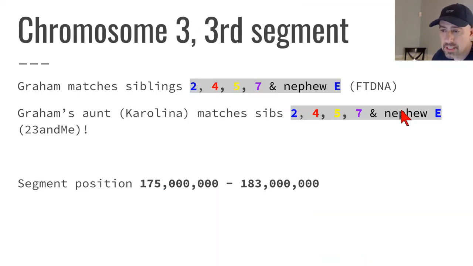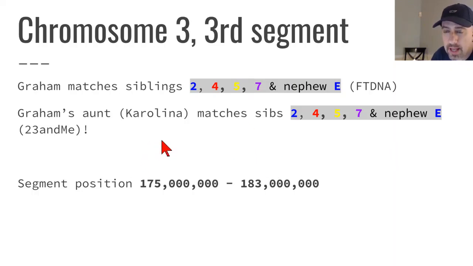So let's look at the DNA match results for these two people. Graham matches siblings 2, 4, 5, 7, and nephew E, according to Family Tree DNA, in this part of chromosome 3. So from approximately 175 million to 183 million, this is where Graham matches this specific subset of family members in my family.